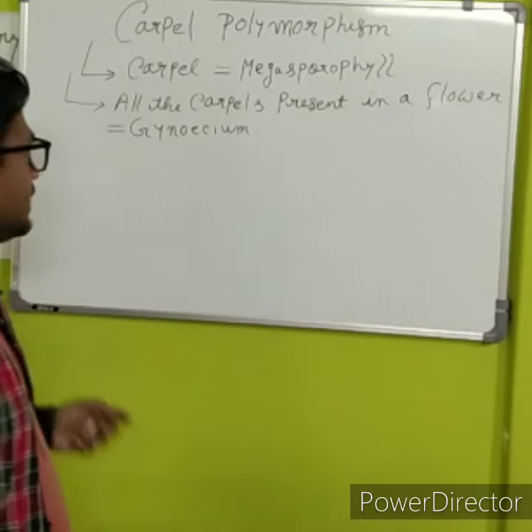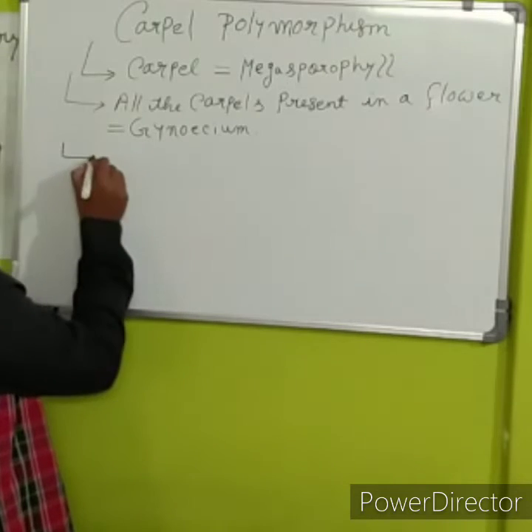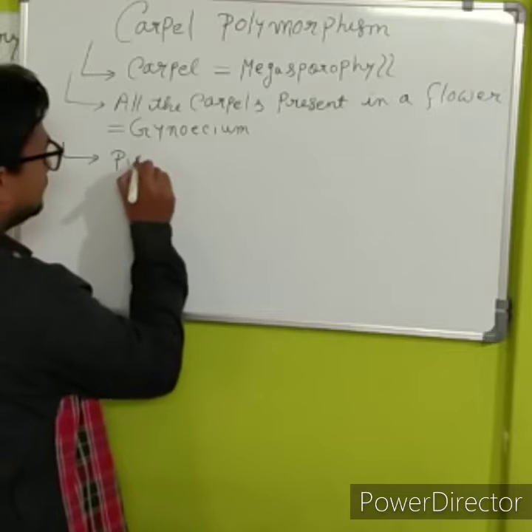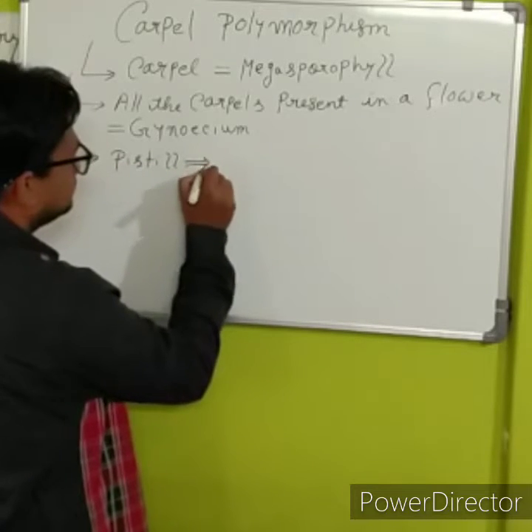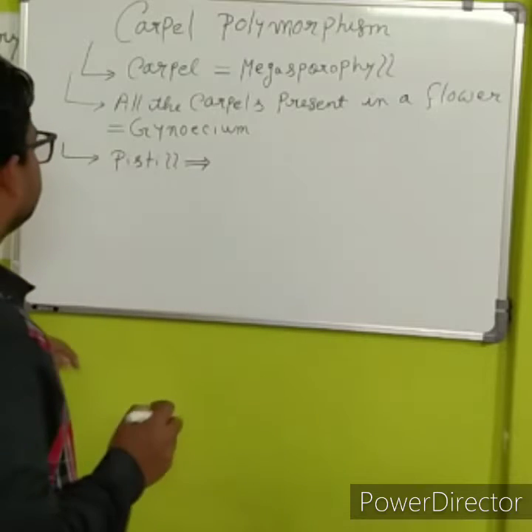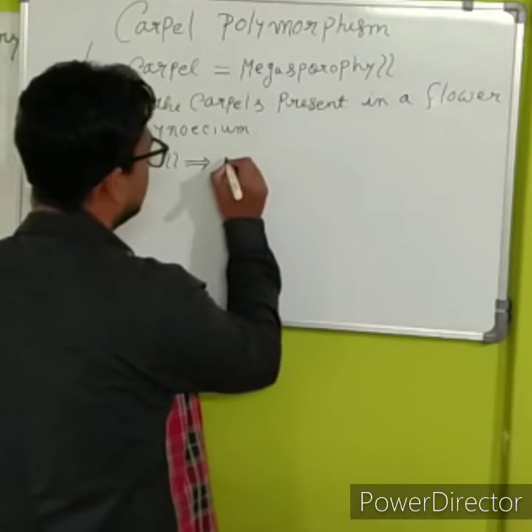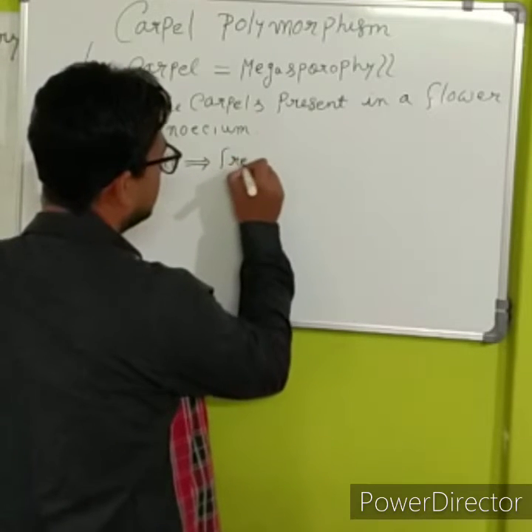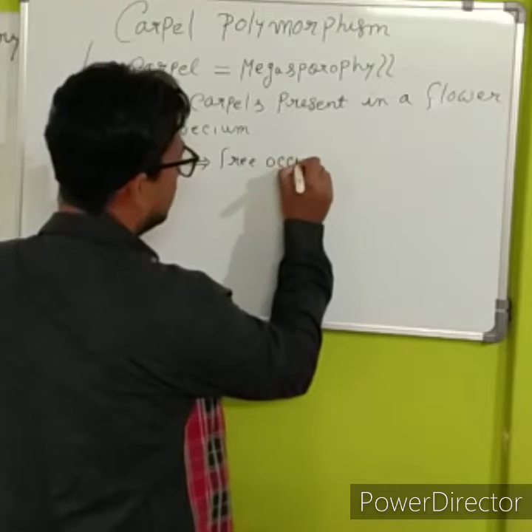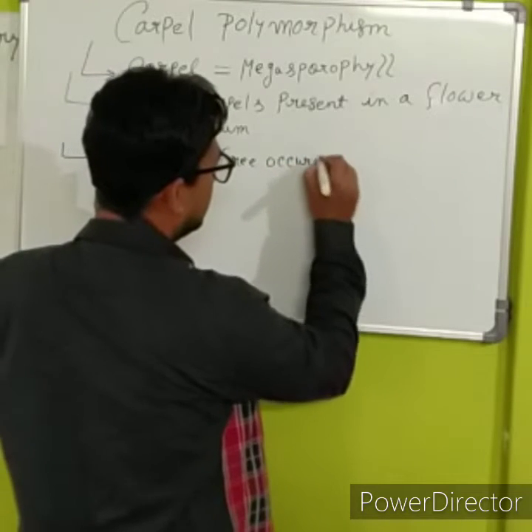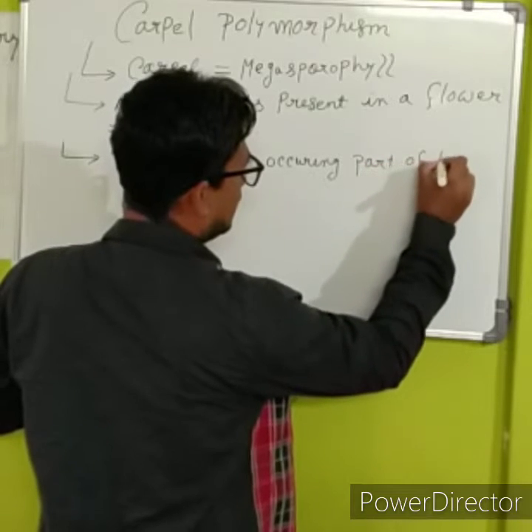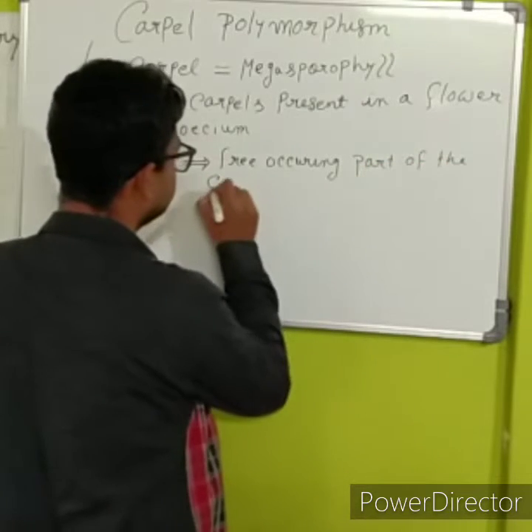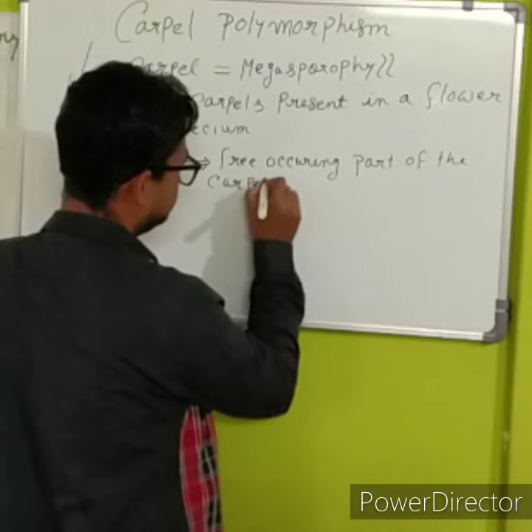There is another term called pistil, and it is the free occurring part of the carpel.